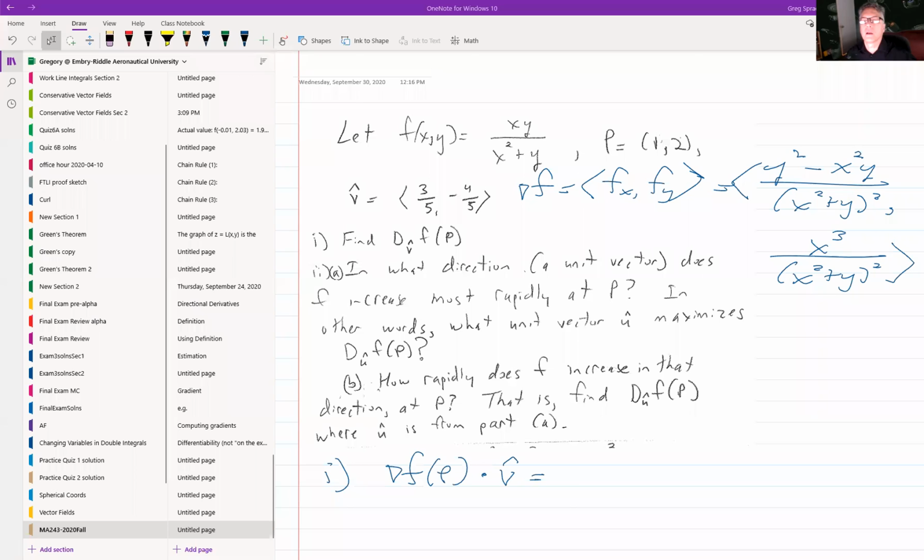I took a little break and did the partial derivatives rather than spend time on them, because we know how to do those, and that's routine. So that's the gradient of f. We need to plug in the point (1, 2).